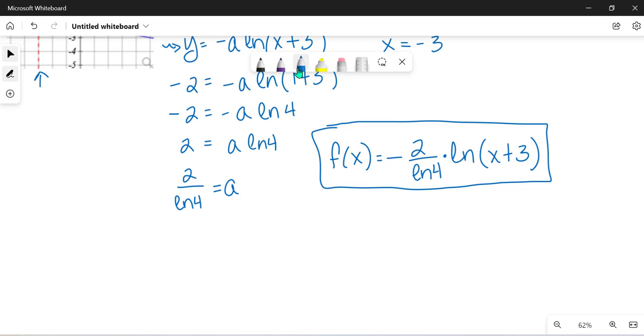This would actually be the same as having a negative 2 times log base 4 of x plus 3. The change of base formula is almost like you're canceling the bases. That's not really what it is, but it kind of seems like that's what it is. But if you can write it just in terms of whatever your favorite log is, I used ln, then that's good enough.